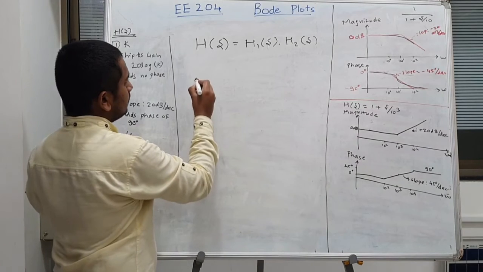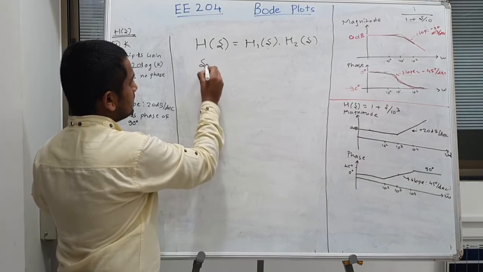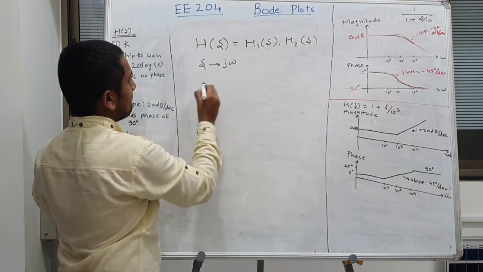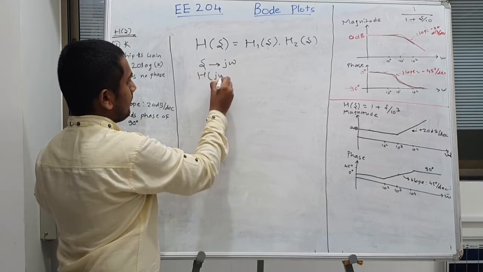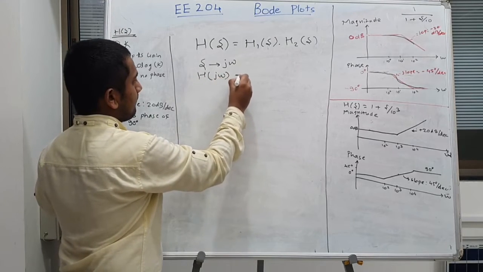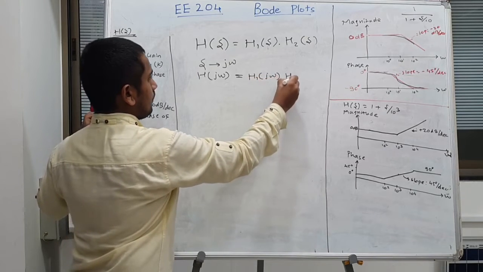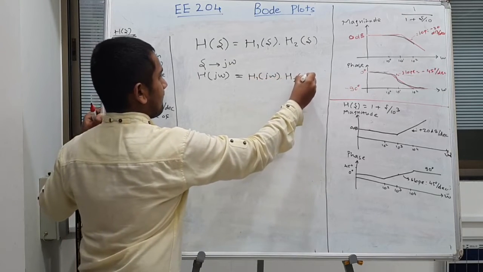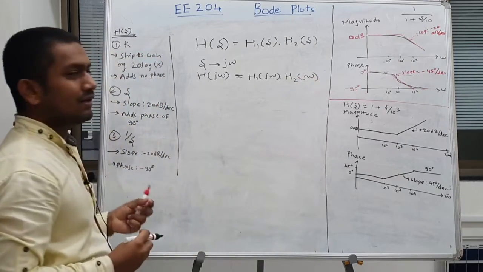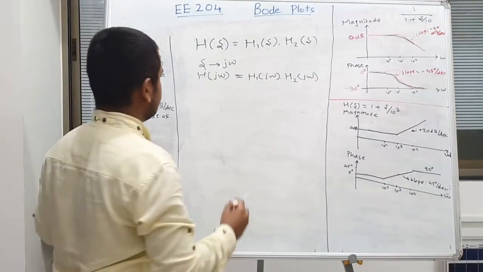For magnitude plot, the first step we do is we replace s by j omega. And then we use a 20 log operation.